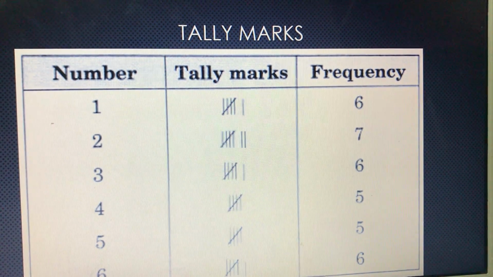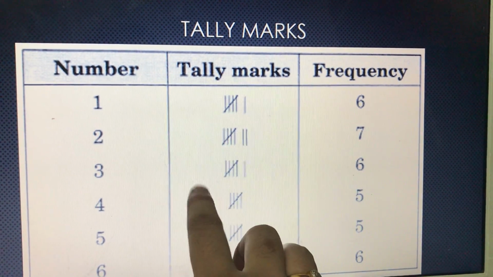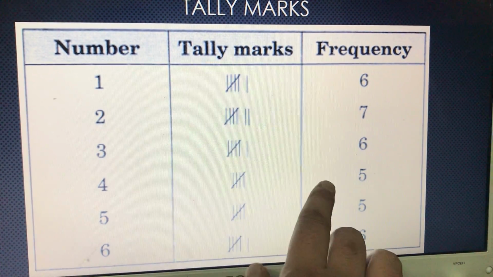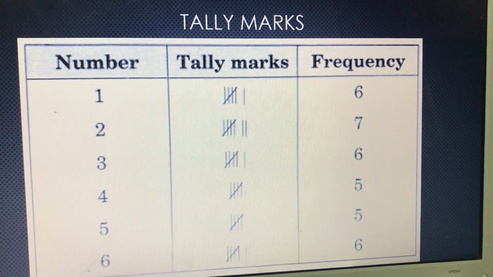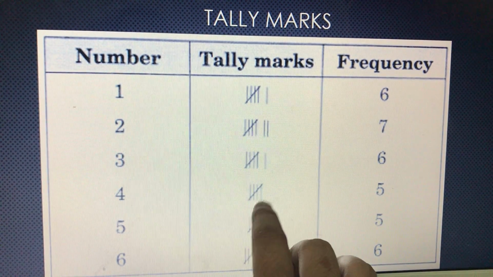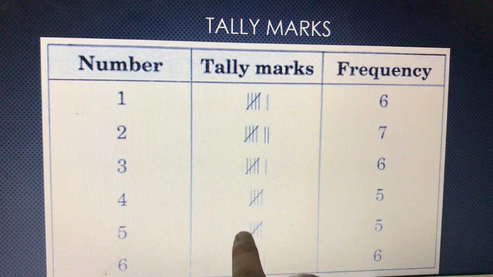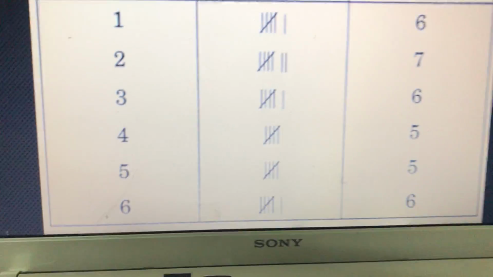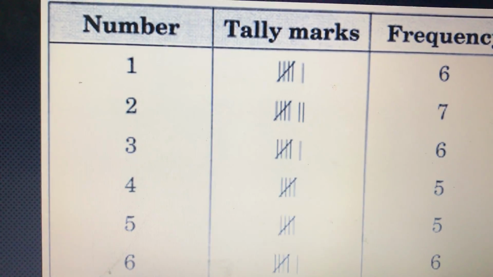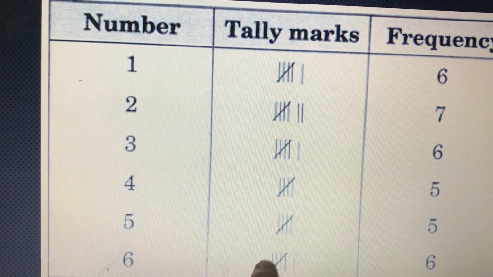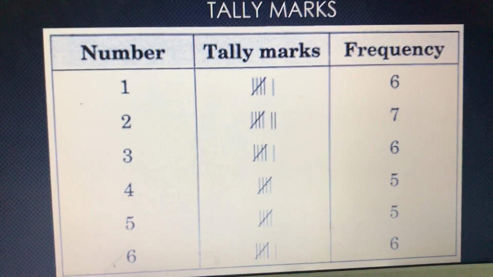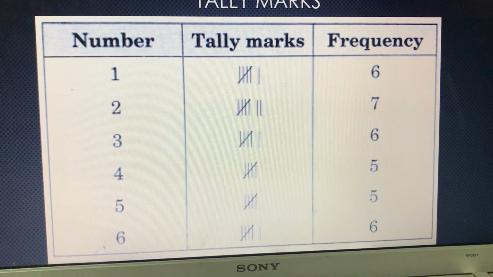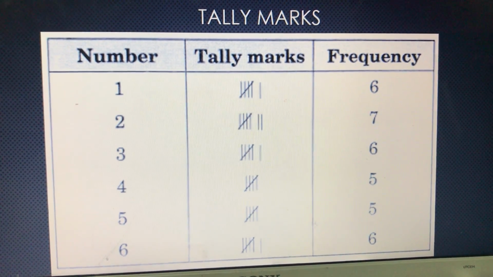Number 3 has the frequency 6, so it is 1 2 3 4 5 6. Number 4 has the frequency 5, so it will be 1 2 3 4 5. Again 5, 1 2 3 4 5. Now number 6 has the frequency 6, so it will be 1 2 3 4 5 and 6. So this way, if we have the frequency, then we can easily draw the tally marks.